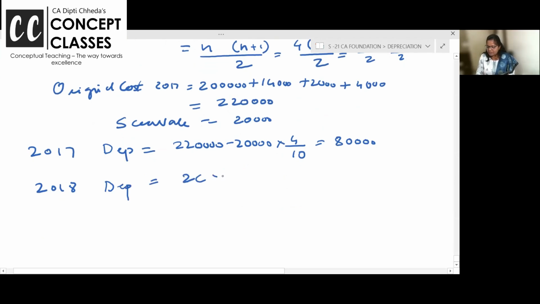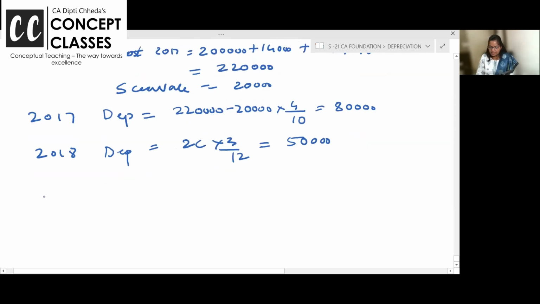Next, again depreciation is 2 lakh into 3 divided by 10, 60,000. Again, depreciation is equal to 2 lakh into 2 divided by 10. Why 2 by 12 am I doing? Oh, 2 by 10.